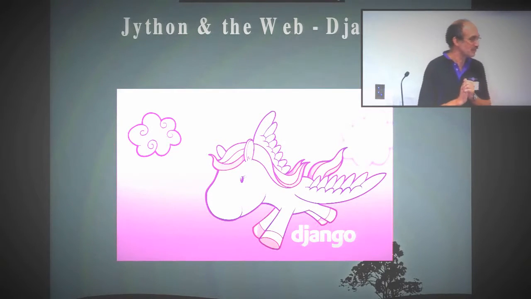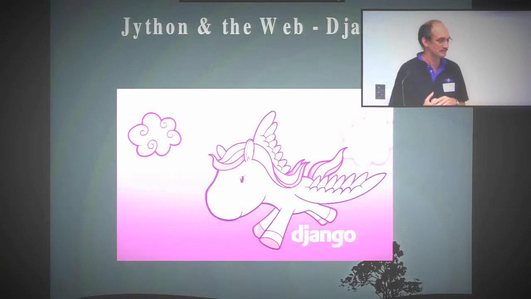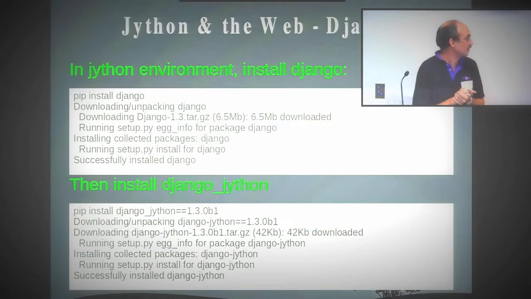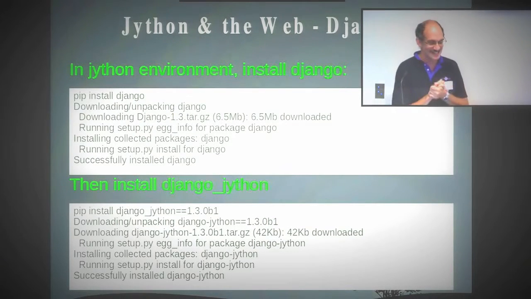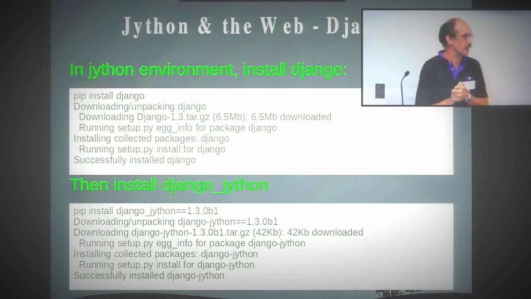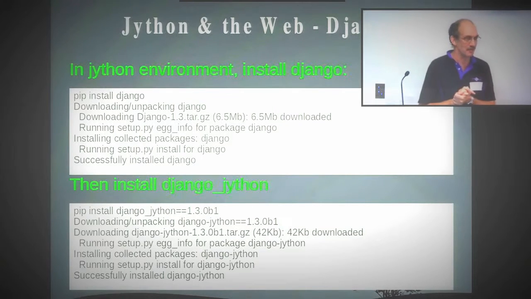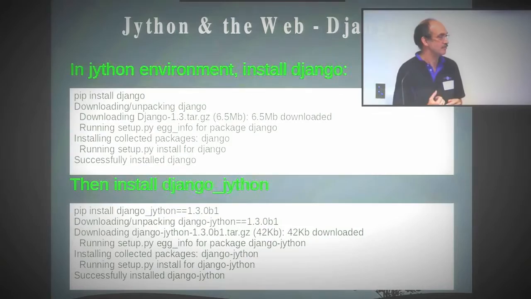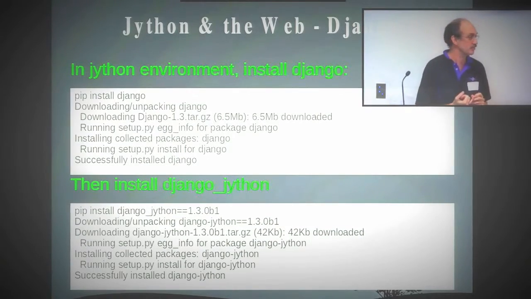So since we support WSGI, we can support web frameworks. So I did a lightning talk about this, so this is a much shorter version. It's as simple as you install Django under Jython. Okay, it will install. It won't run because it doesn't know about how to access a database. So there's this really cool little package you can download called Django Jython, which basically adds support for ZXJDBC.